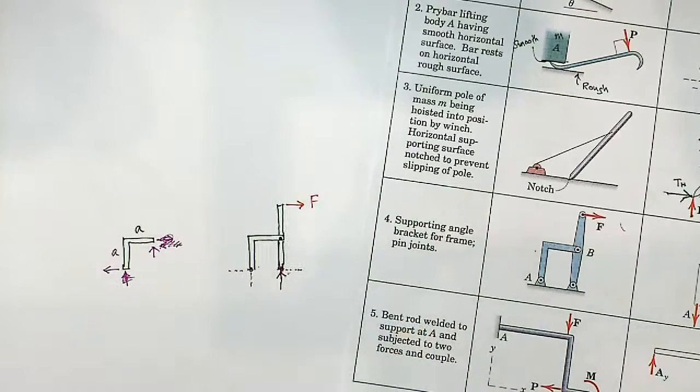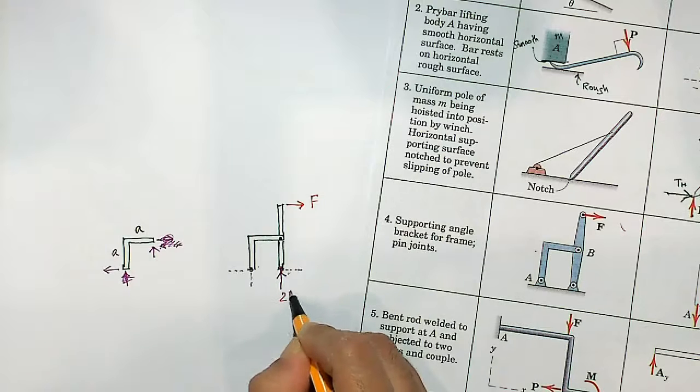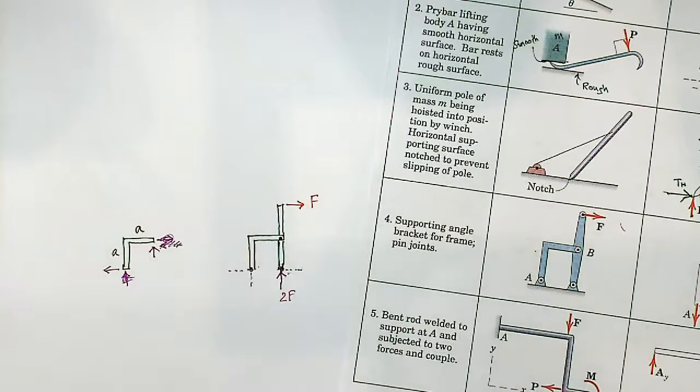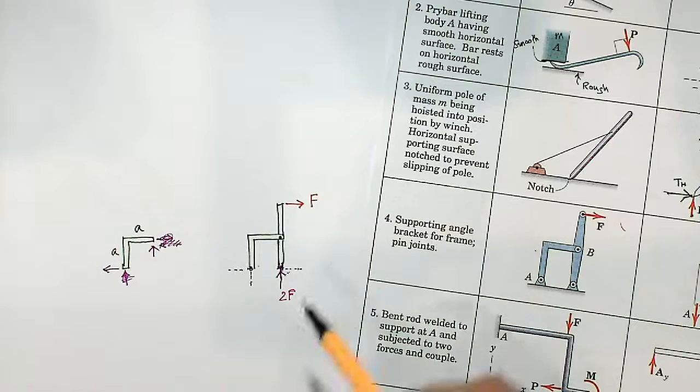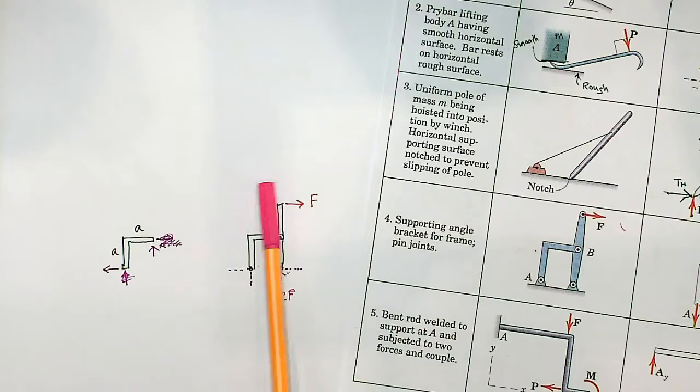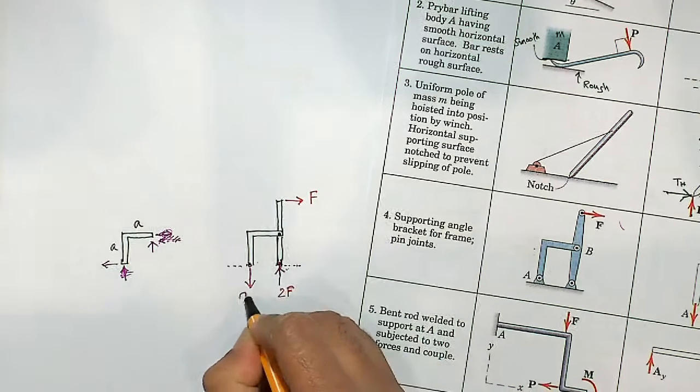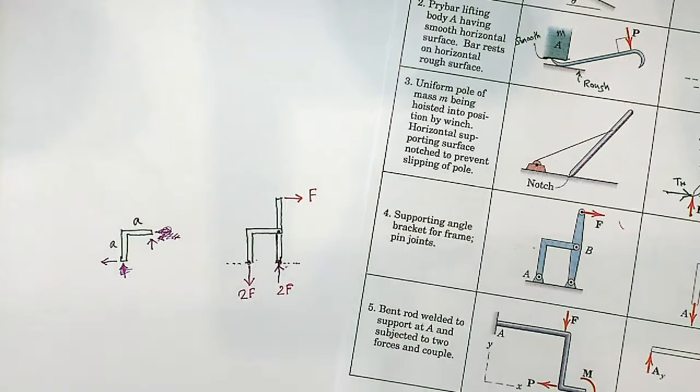So this should possibly be twice F: twice F times this distance must be balanced by F times twice A. So that is twice F. Now if this is twice F, what do you think this vertical reaction would be? Because there are no other vertical forces except that, for vertical equilibrium it must be balanced by twice F in this direction. Both F and the reaction force are the same.